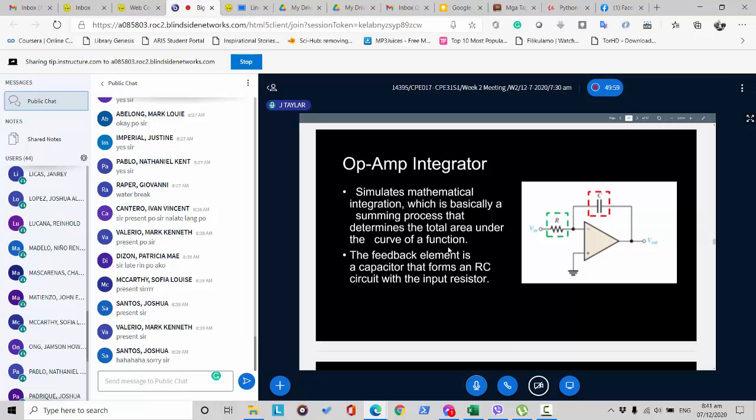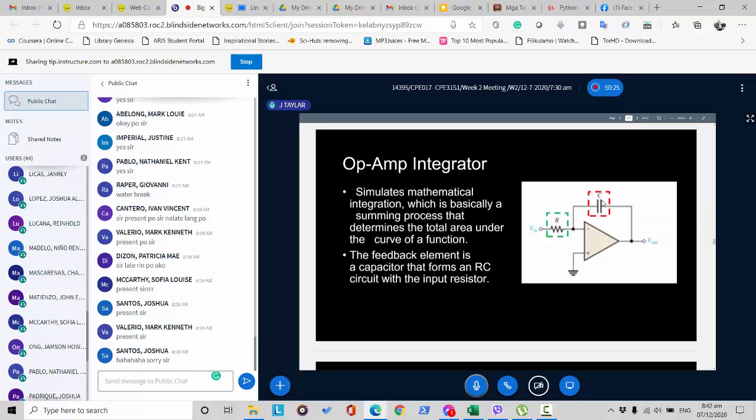So that's basically the integral of the circuit. And the feedback element is a capacitor. You can see from here, the feedback element is a capacitor that forms an RC circuit with the input resistor. Okay, so this is an illustration of an operational amplifier integrator.